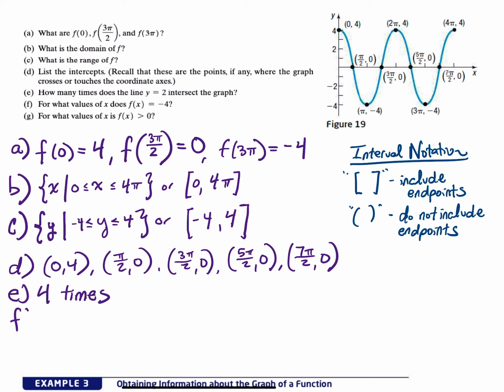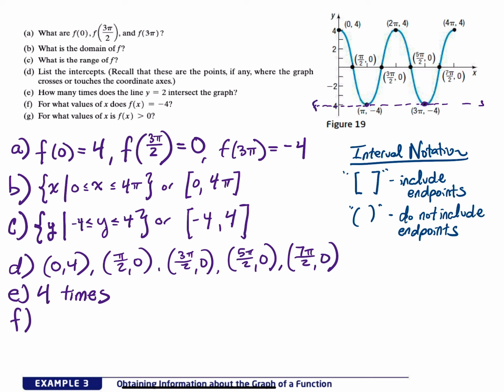And then F. For what values of x does f of x equal -4? So this is saying we have some output as -4, and we're trying to find what values of x, what input values give that particular output. So one way you can do that, just like in our last one, we can think about a line going through -4, and where is it touching? Looks like at those 2 points.